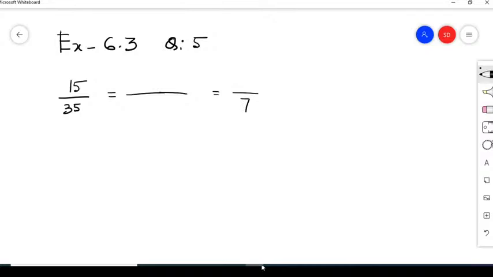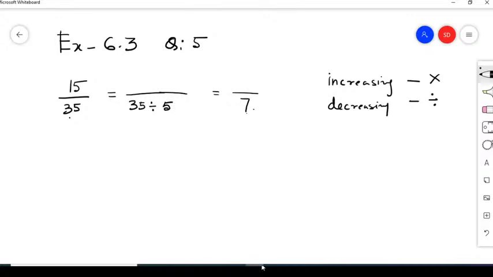Now you must observe whether the final denominator is increasing or decreasing. If it is increasing, then you have to multiply, and if it is decreasing, then you have to divide. Now since 35 has to become 7, that means 35 must be divided by something. Now what is that?